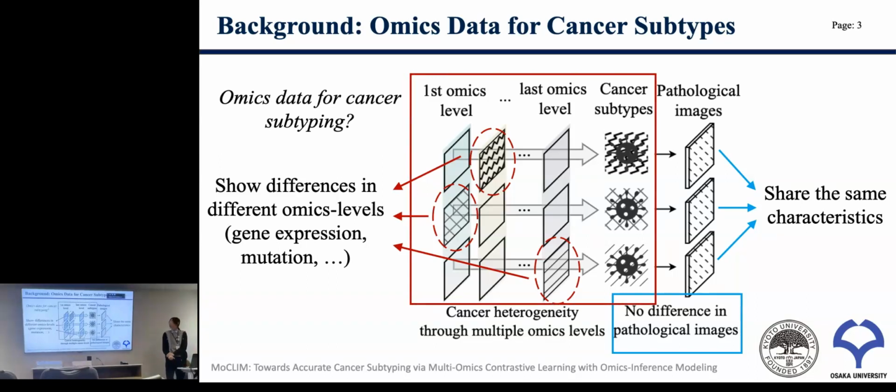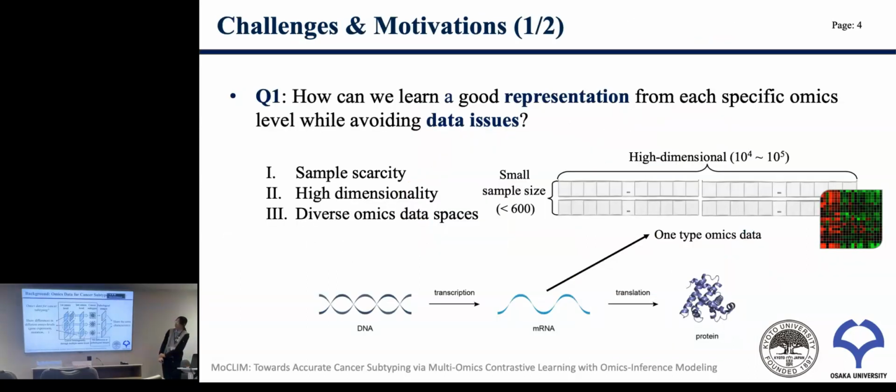So in this paper, we want to use omics data for the cancer subtyping task. To do this, we need to answer some important questions. The first one is, how can we learn a good representation from each specific omics level while avoiding some data issues?